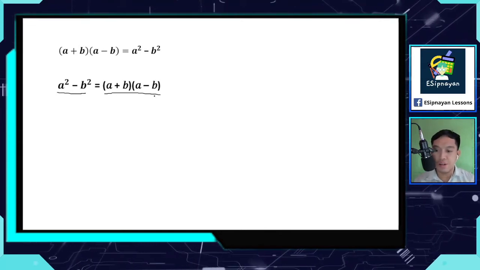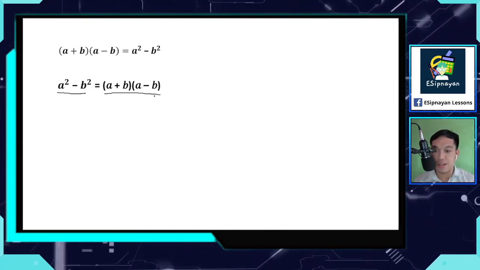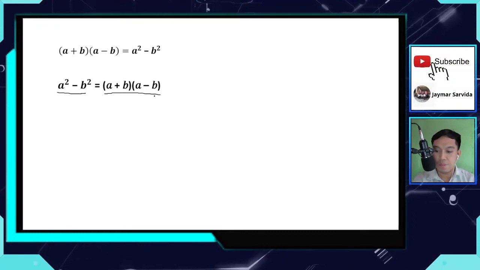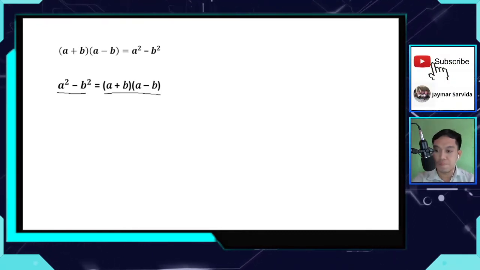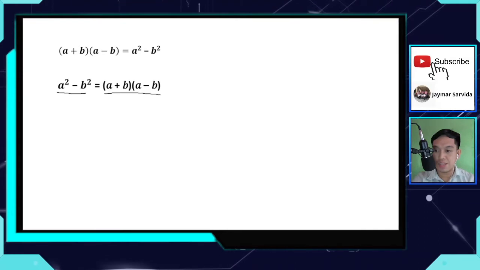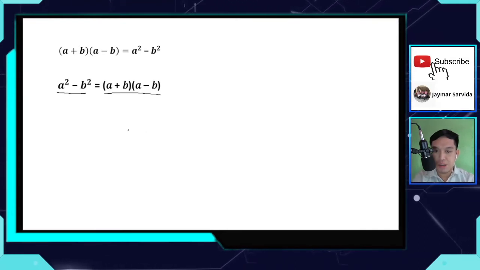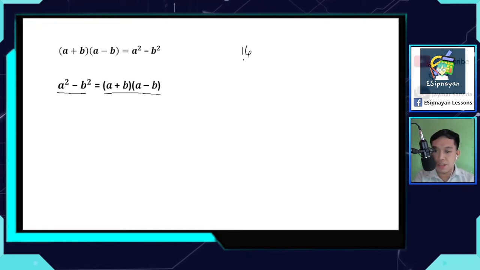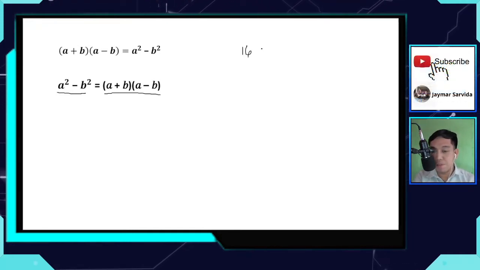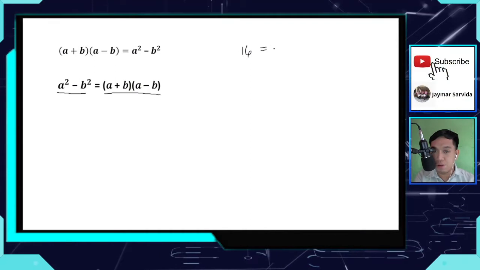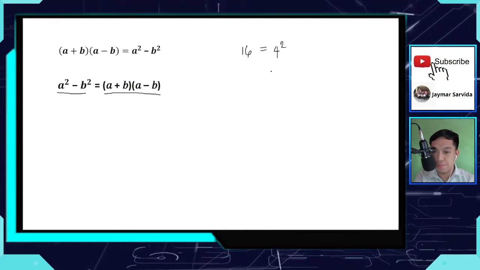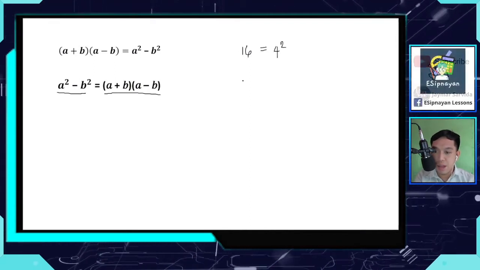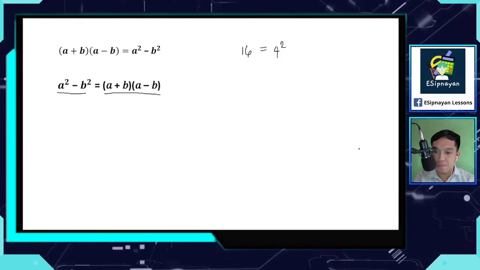So, in order to use this factoring technique, recall the concept of perfect squares. For example, 16. Yung 16 natin ay perfect square, that is equal to 4 squared. Then, what about x squared?